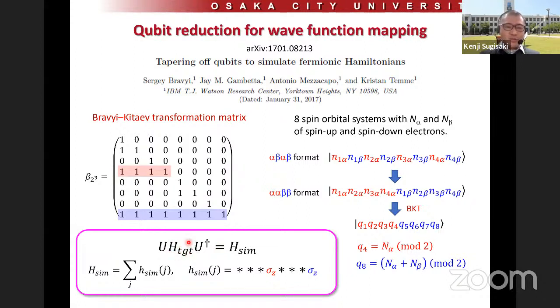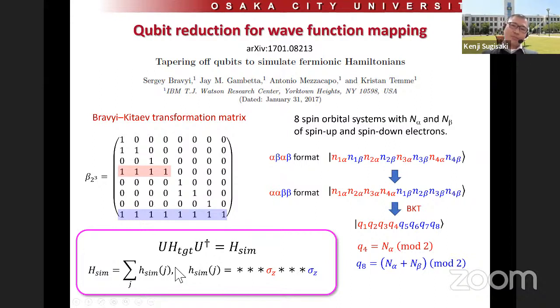And if we apply a unitary operator to generate the H_scheme, the H_scheme is represented by a linear combination of Pauli operators. In the H_scheme, the fourth and eighth operator is always sigma_z. So basically, this kind of transformation is always applicable.